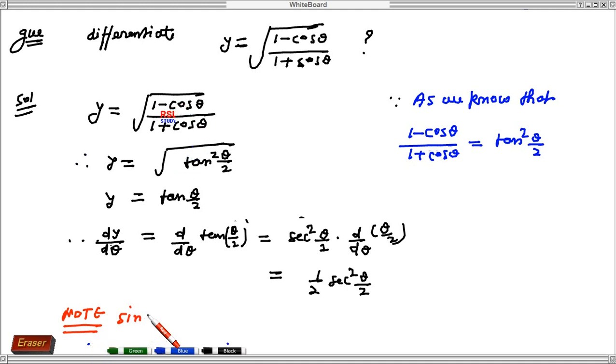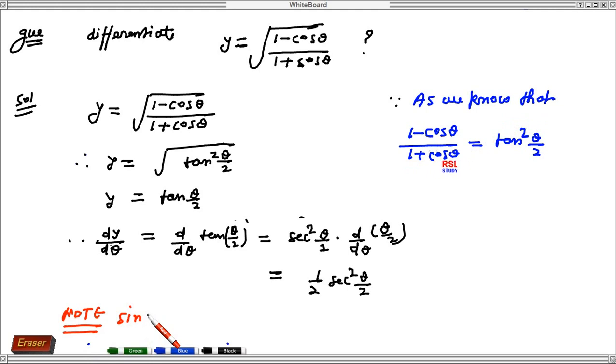So the question is y equals under root of 1 minus cos theta by 1 plus cos theta. This can be written like this, because if you break cos theta in terms of sin theta, then you will write 1 minus 2 sin square theta by 2 minus... so 1 will cancel, and in the numerator there will be only 2 sin square theta by 2.